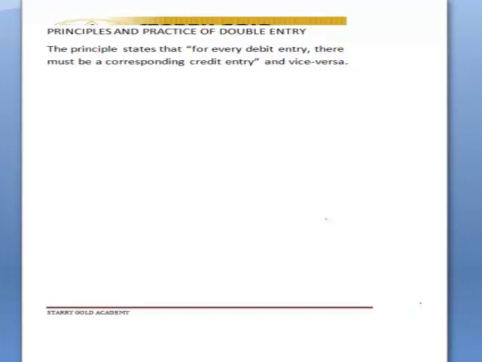It is pertinent to note that this principle was propounded and recorded in favor of an Italian mathematician known as Luca Paciolo, which he did in the year 1494.